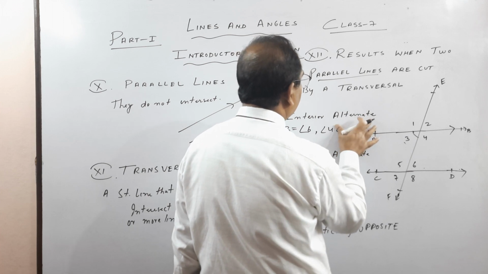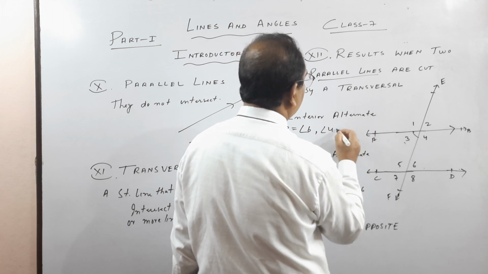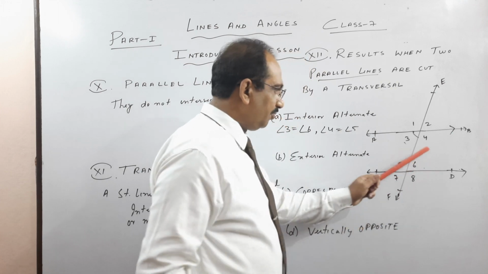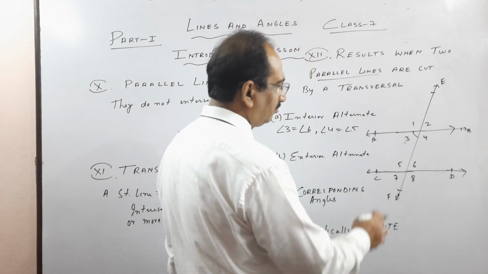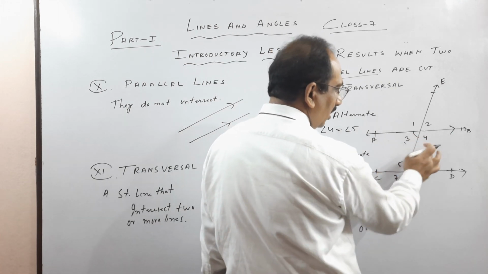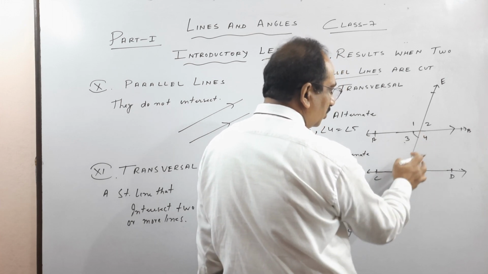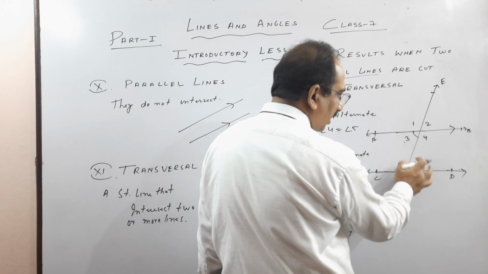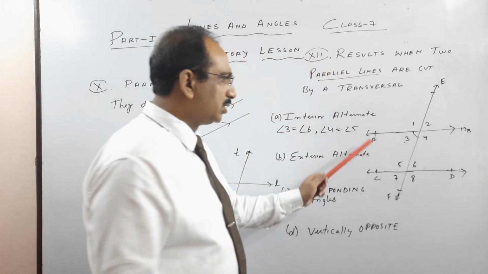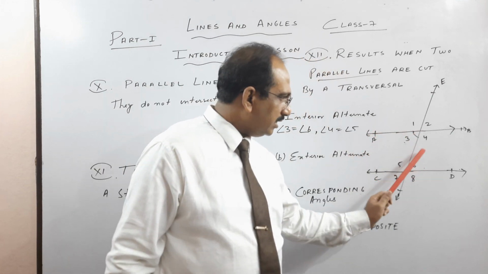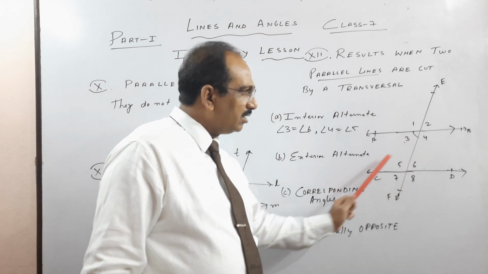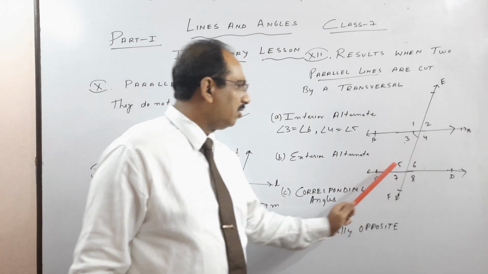They are equal, children. Remember, angle 4 is equal to angle 5. Alternate means leave. Both of them are obtuse, if you see, children, and 3 and 6 are acute. So once more, this Z, 3, 6, and this way when you take, these two are interior alternate.